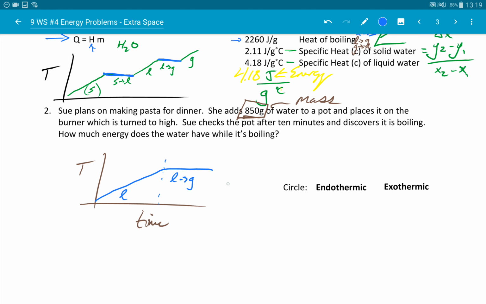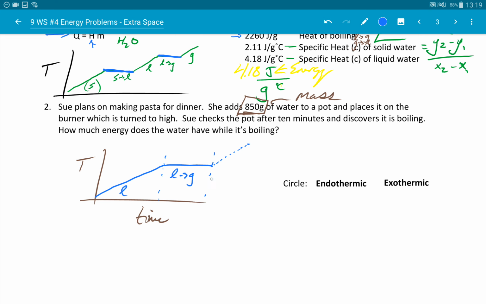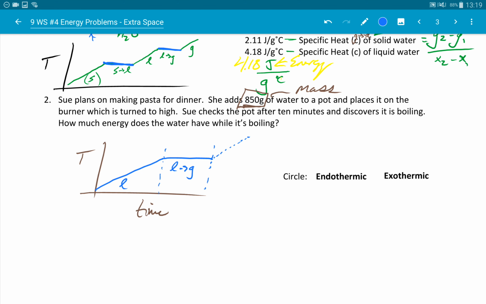And then, hopefully she doesn't get to this point, there'd be some point later where it's just a gas and heating up. I do that as a dotted line because it doesn't really exist there. I have these vertical dotted lines just to break up the plateau versus non-plateau parts. So we're really just looking at the solid line here. And hopefully she doesn't boil off all the liquid, otherwise it's kind of hard to make pasta.